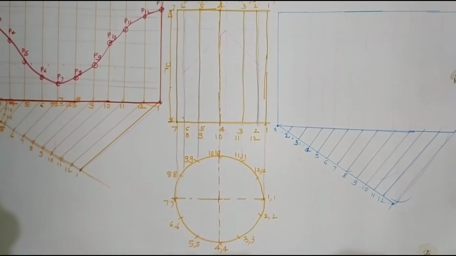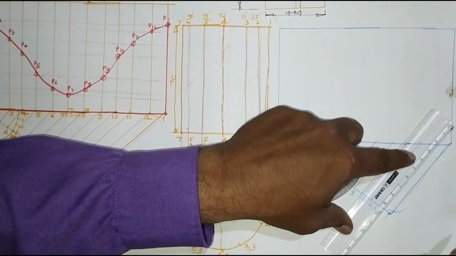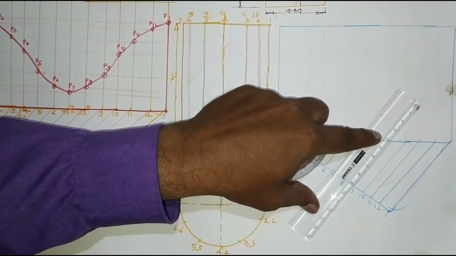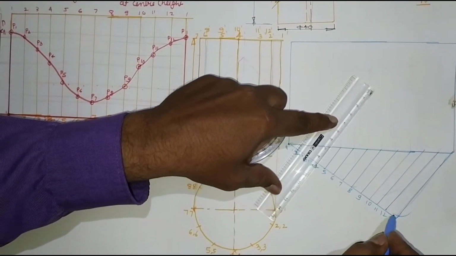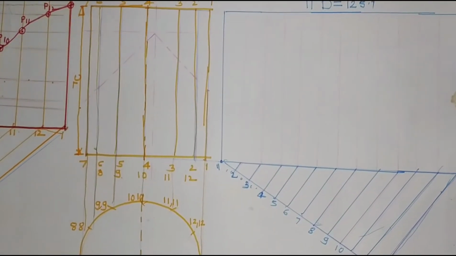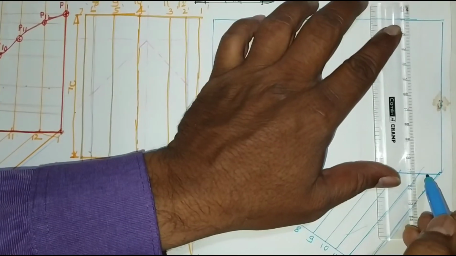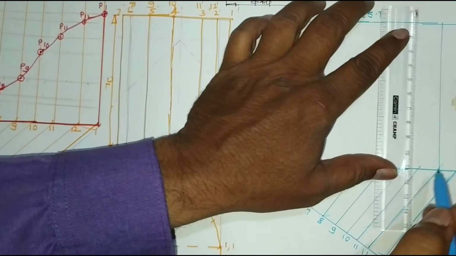First I have joined the end to end points, maintaining parallelism. From each point I have drawn lines parallel to this base line. Then again I have transferred these points into the blank area, that is the development of the cylinder, vertically upward.